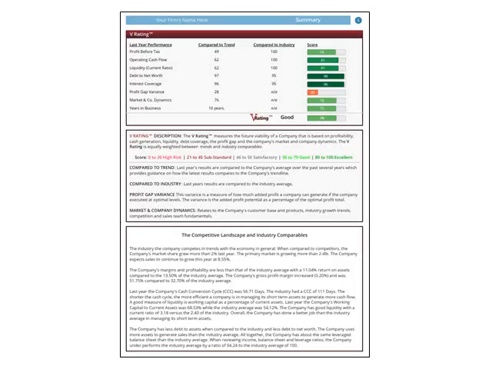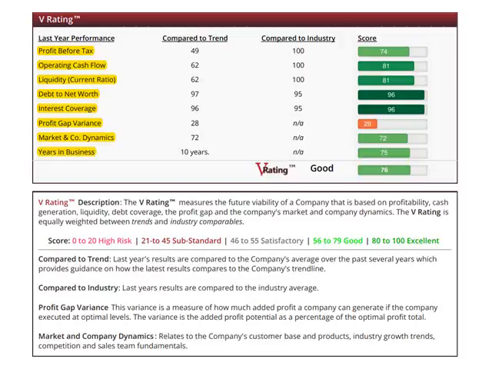The final page introduces the Fiscal Advantage V or viability rating and provides an overview to the company's competitive landscape and industry comparables. The V rating analyzes 7 different factors that have been shown to influence future viability.